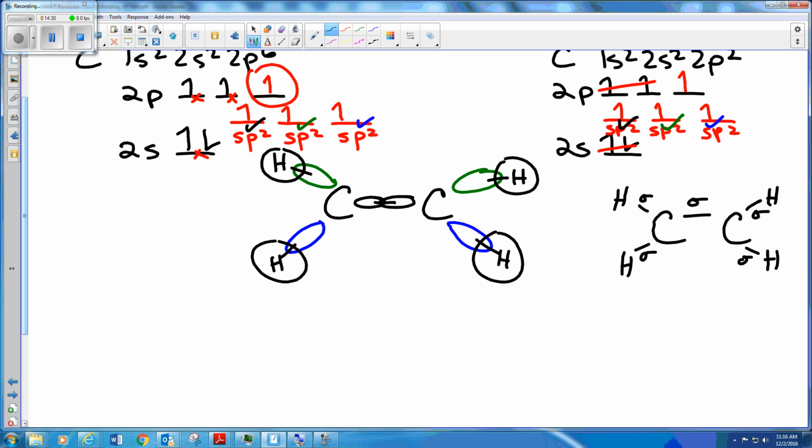We know that a double bond has more energy in it than a single bond. This is due to the fact that that p electron has a higher energy than its hybridized electrons. So this is going to result in a pi bond, which will have orbital overlap.